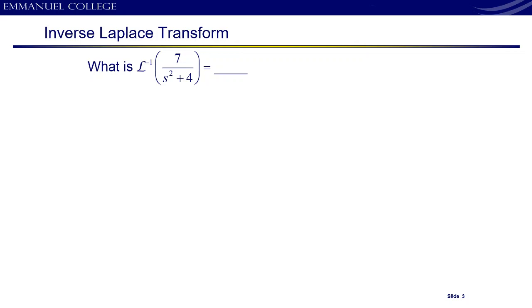Well, first off, it kind of looks like a trig function. More specifically, as you can see, it's going to be sine. Because if we did sine of kt, we did our Laplace transform of that, it's k over s squared plus k squared.